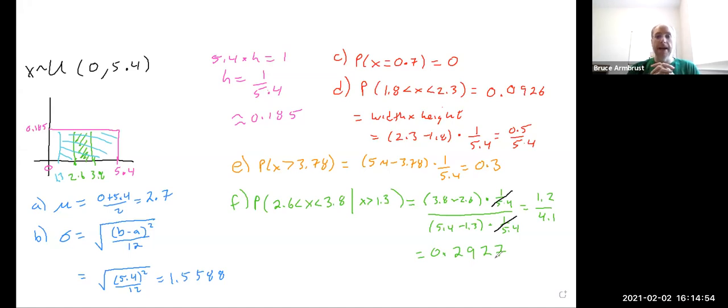So if you've already been waiting for 1.3 seconds, there's a 30% chance that you'll actually see the wave crash between 2.6 and 3.8. All right, so that's conditional. So when it's conditional, think about the area from the condition, and you're going to divide that into the area of what you're interested in.